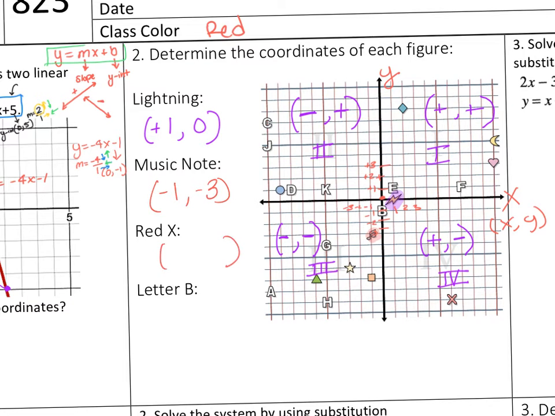The red X, try to find the coordinates of the red X before I do so that you can test if you understand what's going on. The X is right here in the 4th quadrant. That means that my X value is going to be positive and that my Y value is going to be negative. Right, now let's look at the numbers.